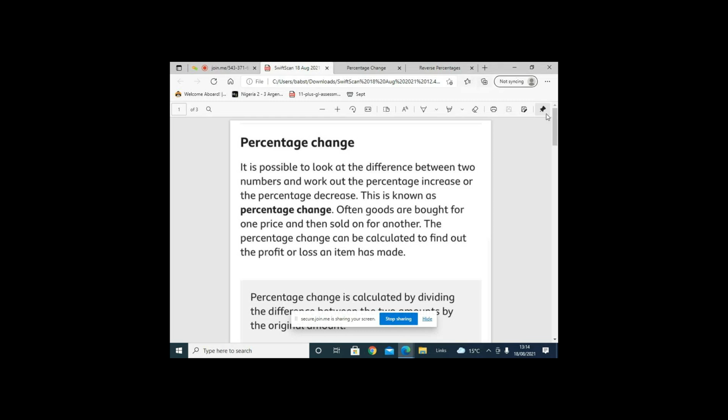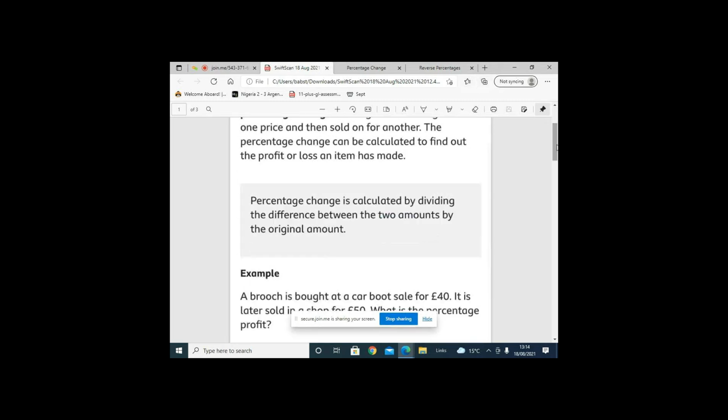There's only one method you can use to calculate percentage change. If you know the formula, everything becomes easy. Percentage change is calculated by dividing the difference between the two amounts by the original. For example, if you buy something for £5 and sell it for £7, the difference between 5 and 7 is 2.